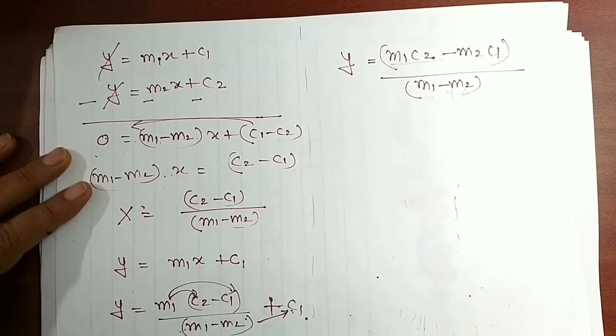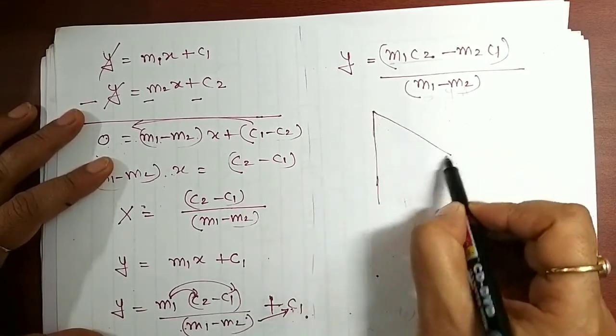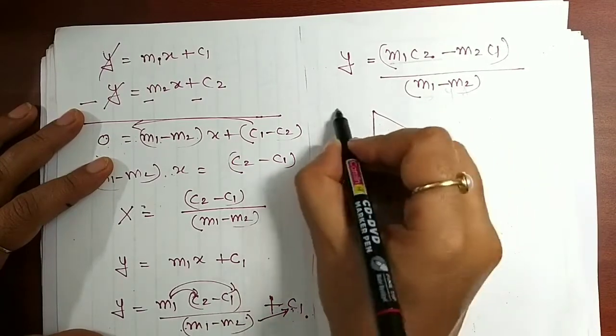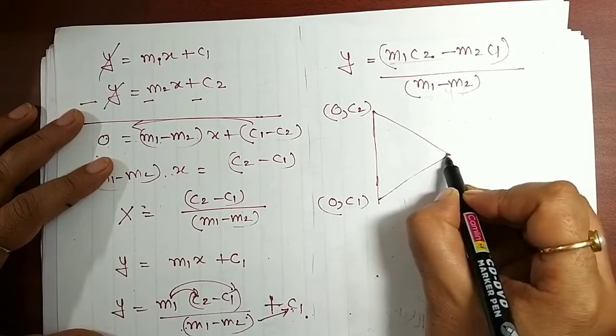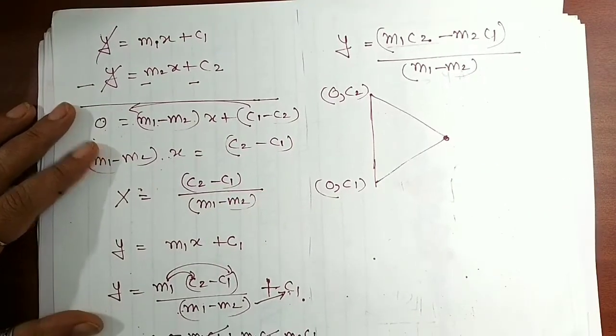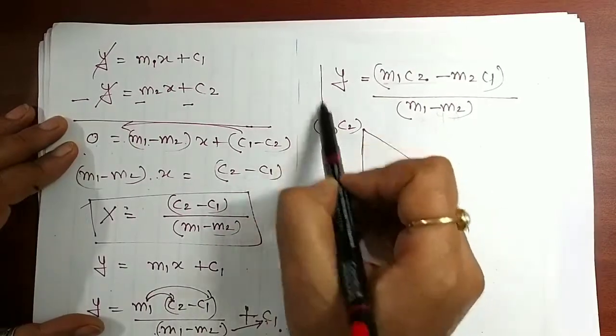So now I have all three values of my triangle. So I am making the triangle here once again. So these values were 0, c2, 0, c1, and this I recently calculated, x, y. So this is my x value and this is my y value.